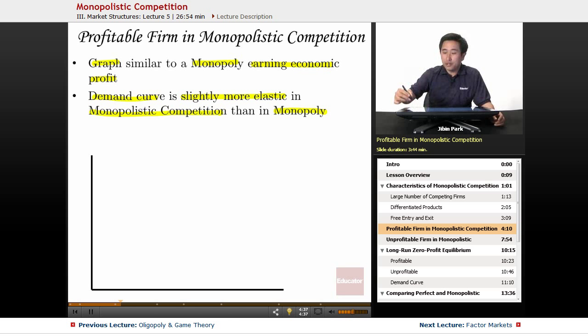In a monopoly or perfect competition, graphing is absolutely essential. And it's definitely good to know how to draw a graph for monopolistic competition. However, the one caveat to this is that there have not been consistent AP FRQ questions relating specifically to drawing a monopolistically competitive firm.